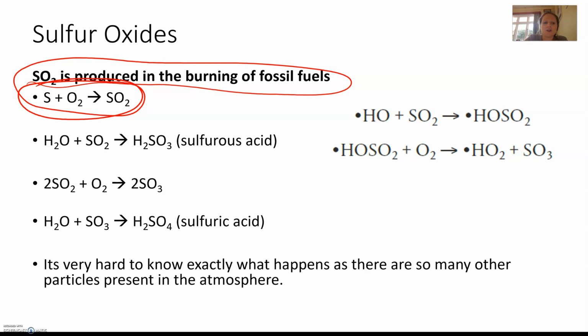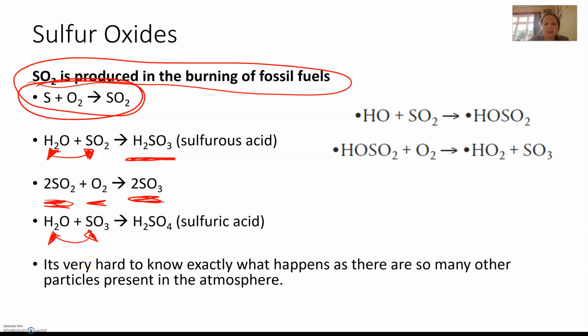Now this SO2 is the problematic thing, because SO2 can react with water, so wet deposition, or if it comes to the ground, dry deposition, so water, key thing there, and it can form H2SO3, which is known as sulfurous acid. The other thing that can happen is that the SO2 in the atmosphere can react with oxygen to form SO3, and SO3 then does a similar reaction with water to form sulfuric acid.